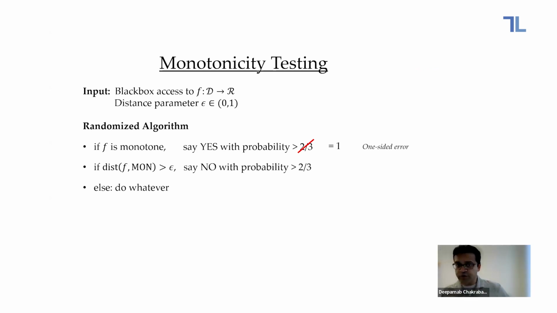If the function is monotone, you cannot say no. We don't allow any error like that. So this kind of error is one-sided. I make an error only when the function is far from monotone. Oftentimes such testers which have only one-sided error are called one-sided testers. So that's a term that you'll hear. A one-sided monotonicity tester is one which always accepts a monotone function.